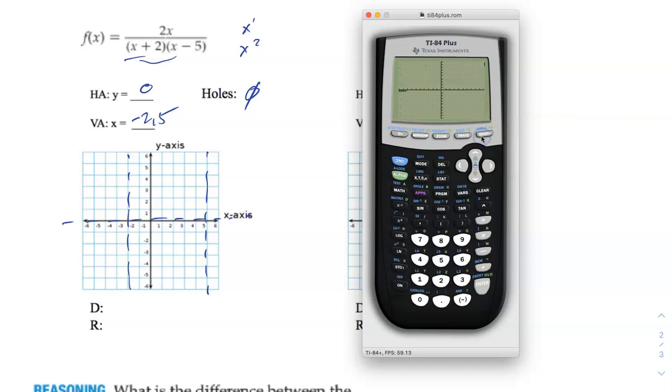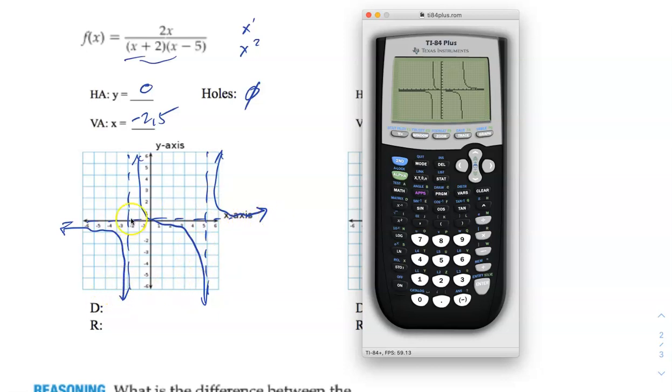Hit graph. So again, down here. Now this is a cubic graph this time, and then up there. So again, like this, I'm just doing a sketch. Wanna hug it, and like this. I'm not a fan of that graph. It should be going more straight, but I'll leave it for now.